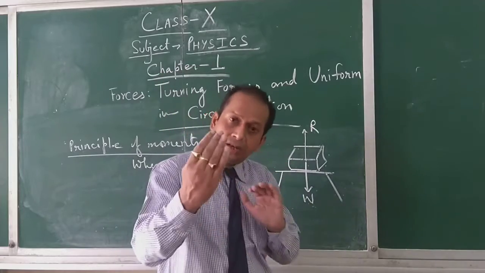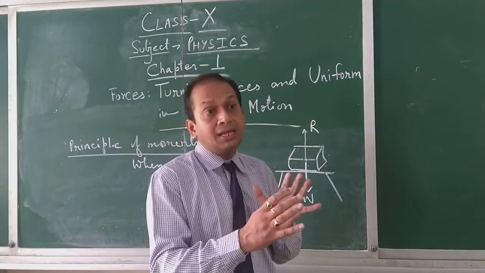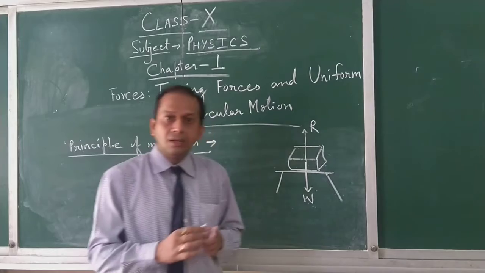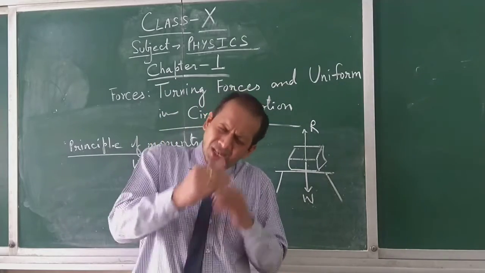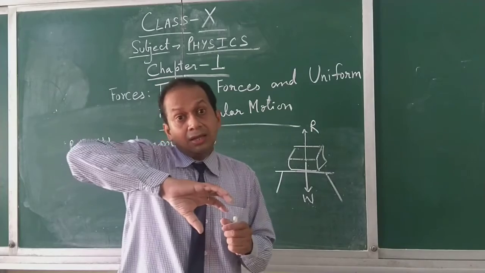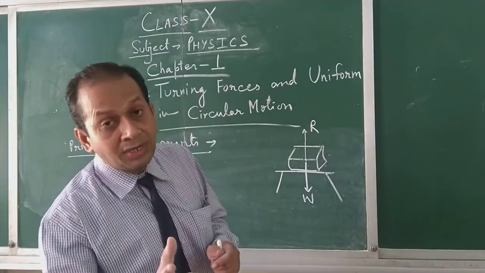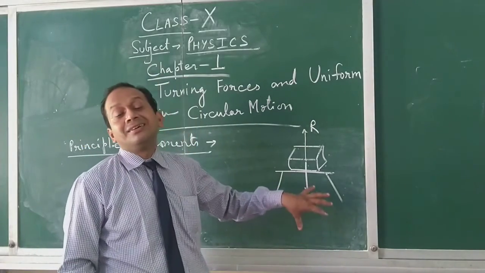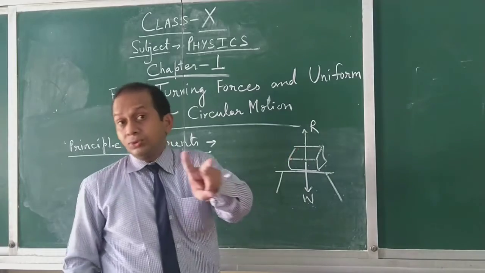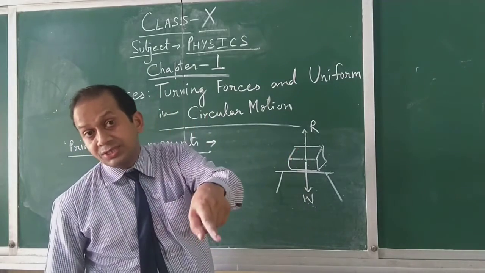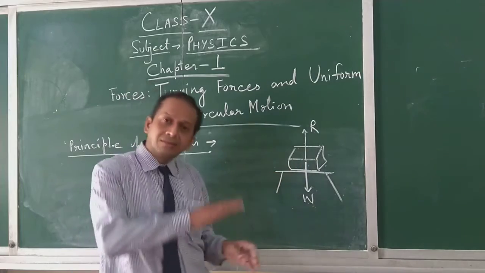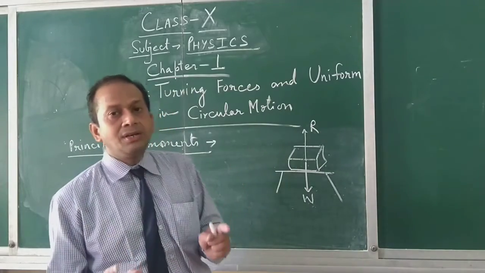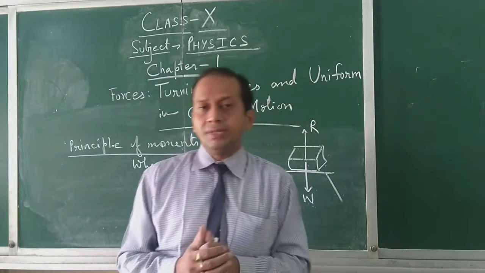If you do not paddle, the speed will reduce. When you paddle, you are just overcoming that friction, and you are going uniformly. That time, dynamic equilibrium is there, because two forces, friction and your force, are acting, but still the cycle is moving with uniform motion in a straight line. So, children, it is an example of dynamic equilibrium.